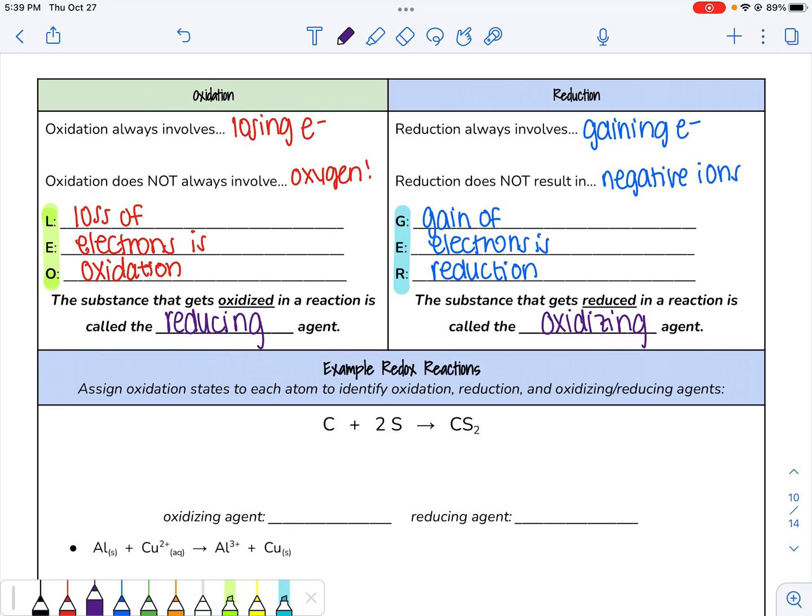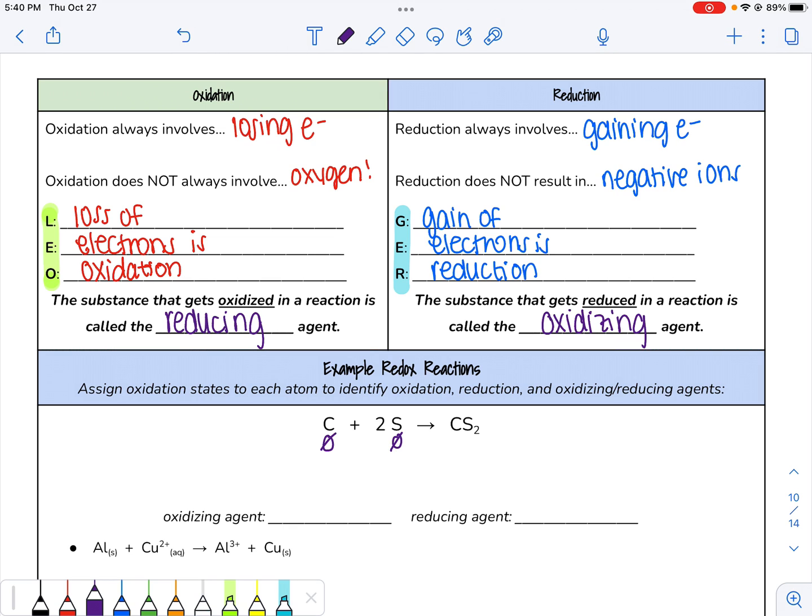Carbon is an element, which means its oxidation state follows rule 1 and is 0. So I'm going to put a little 0 underneath it. Sulfur is also in its elemental form here, which means that it also has an oxidation state of 0, so we start out with 2 oxidation states of 0 in the reactants.